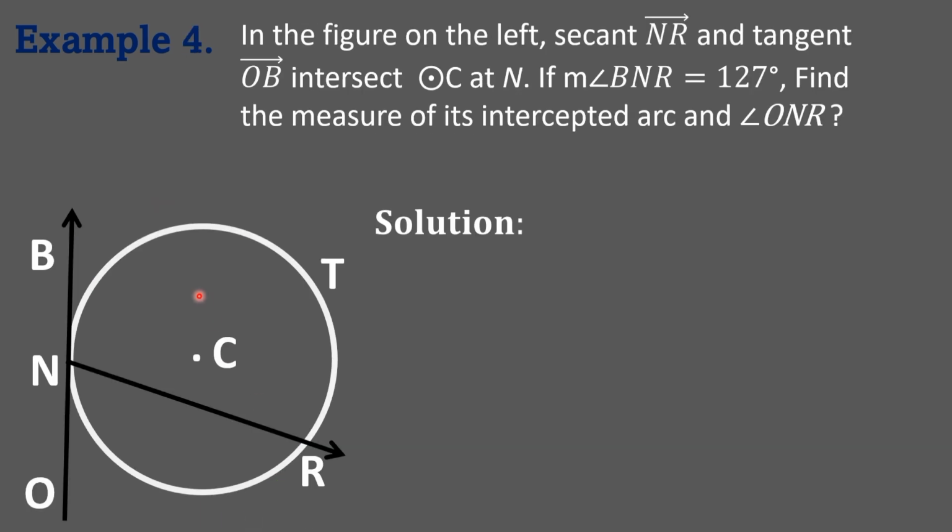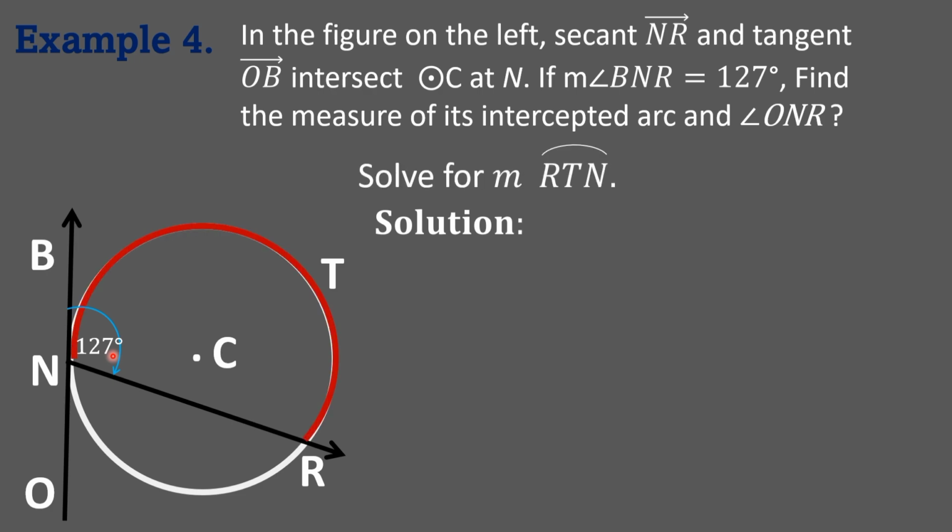Example 4. In the figure on the left, secant ray NR and tangent ray OB intersect circle C at N. If the measure of angle BNR is equal to 127 degrees, find the measure of its intercepted arc and angle ONR.